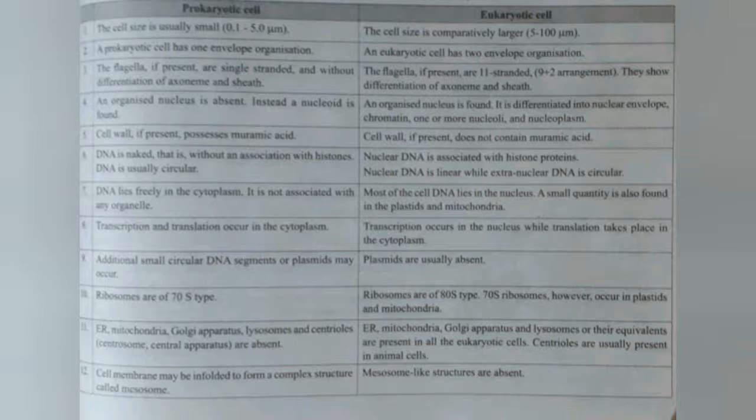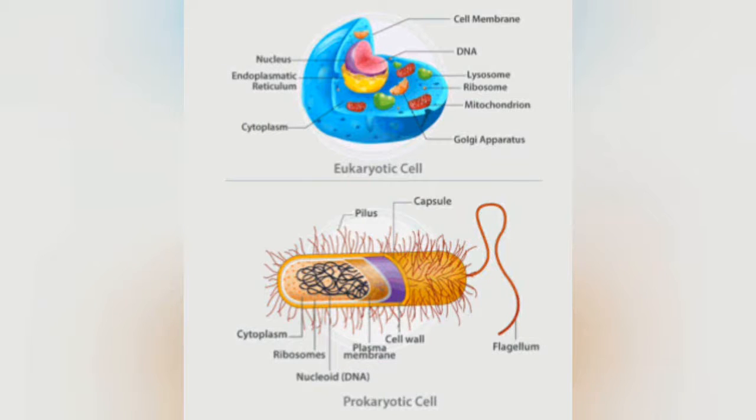In prokaryotes, transcription and translation occur in the cytoplasm, whereas in the eukaryotes, the transcription occurs in the nucleus while the translation occurs in the cytoplasm. Next, additional circular small DNA segments or plasmids may occur in case of prokaryotes, whereas the plasmids are absent in case of the eukaryotes.